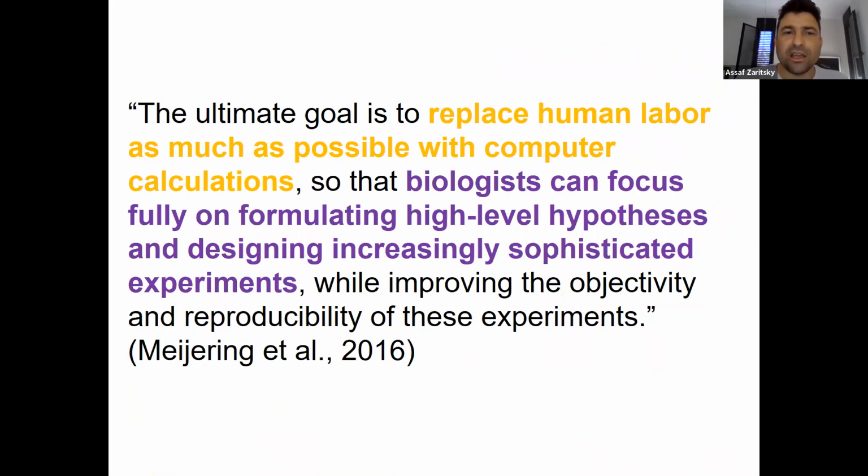Here is a quote from a very prominent review about bioimage analysis from 5 years ago. You see that the focus is on replacing human labor as much as possible with computer calculation, so that biologists can focus fully on formulating high-level hypotheses and designing increasingly sophisticated experiments. And this I didn't like. Why?